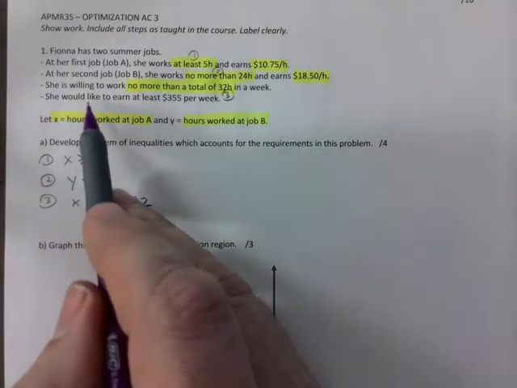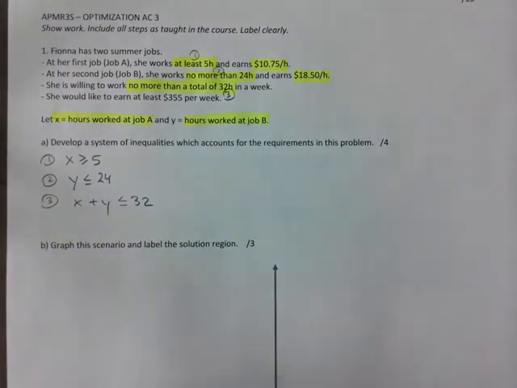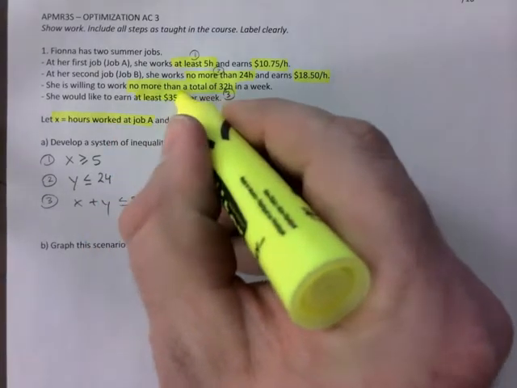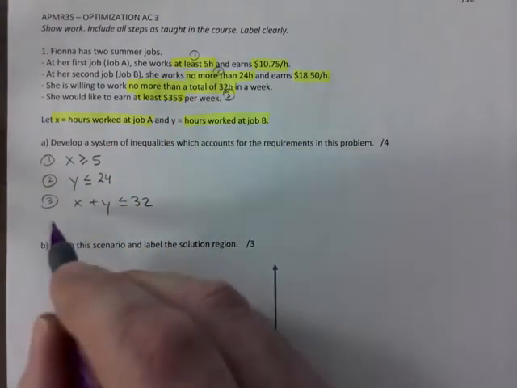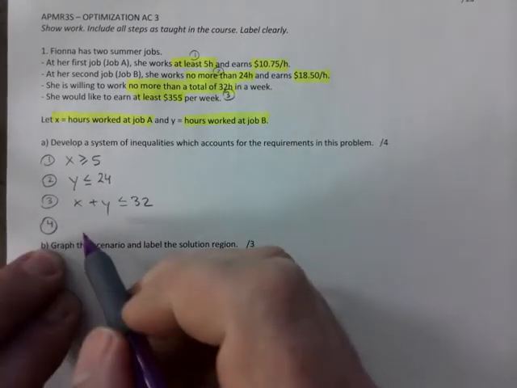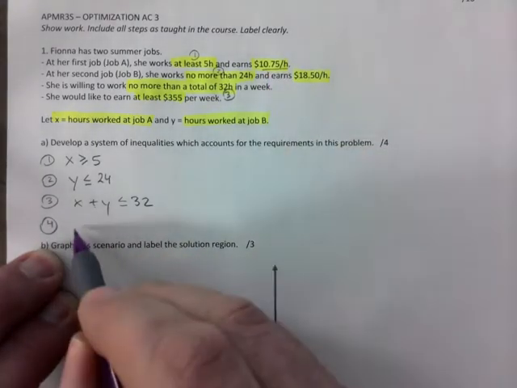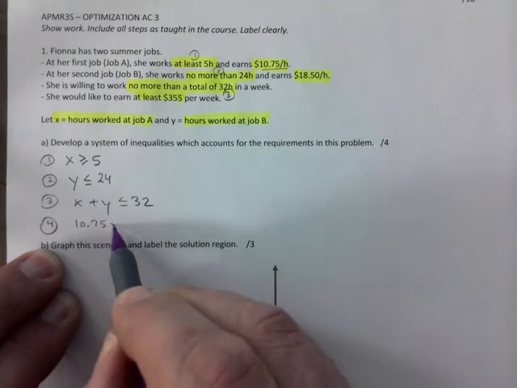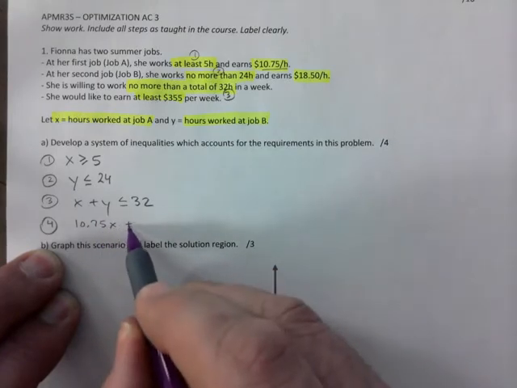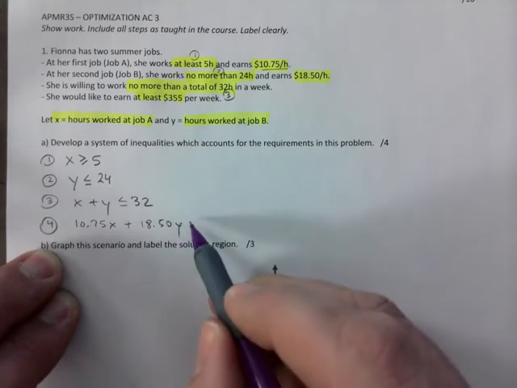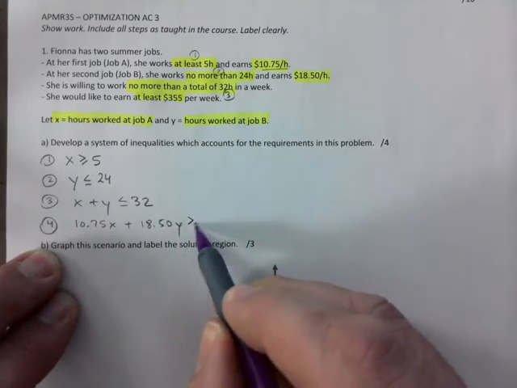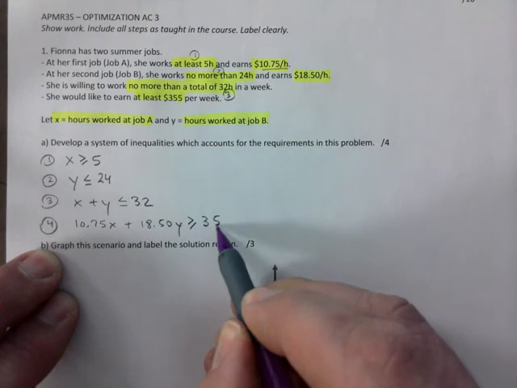And then she would like to earn at least $355 a week. At least $355 a week. So that has to do with money. So there you have to go back and say that it's 10.75 for every hour at job A, and if you make 18.50 for every hour in job B, that has to be greater than or equal to the $355.